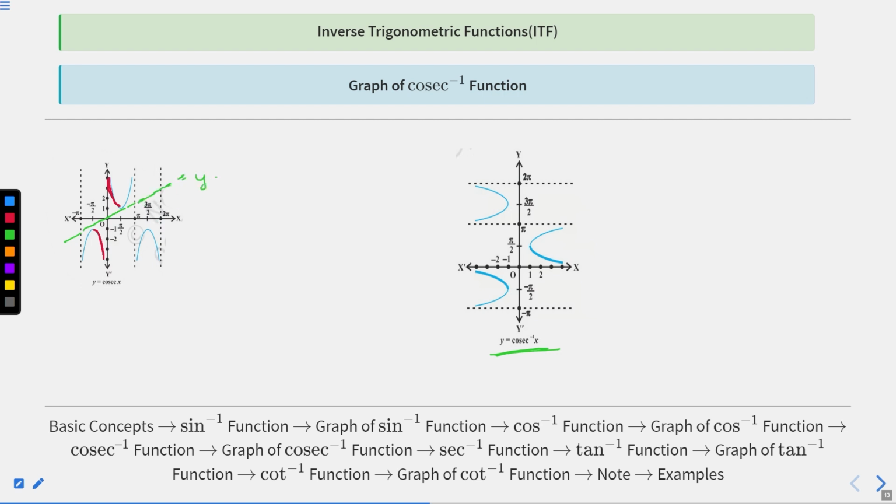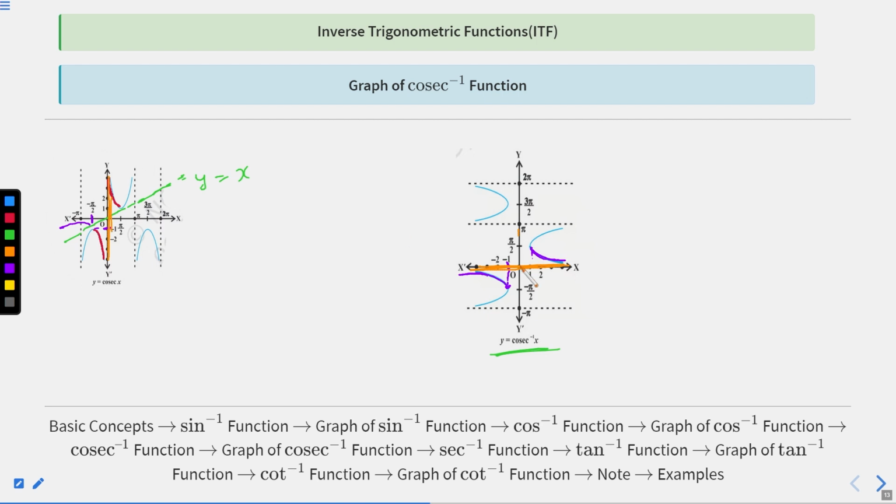After mirroring, it changes like this. At 1 it will be somewhere here, and at minus 1 it starts like this. And this is 0, with an asymptote over here and an asymptote over here.